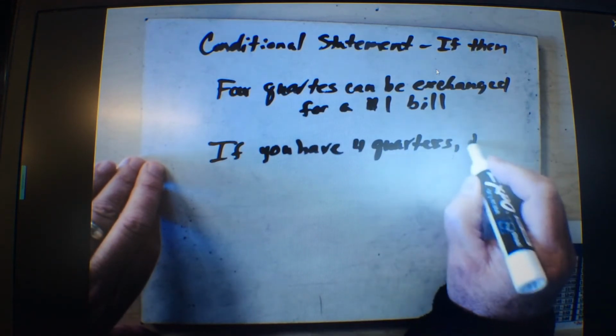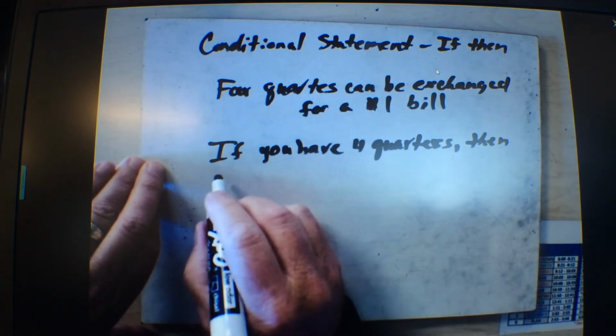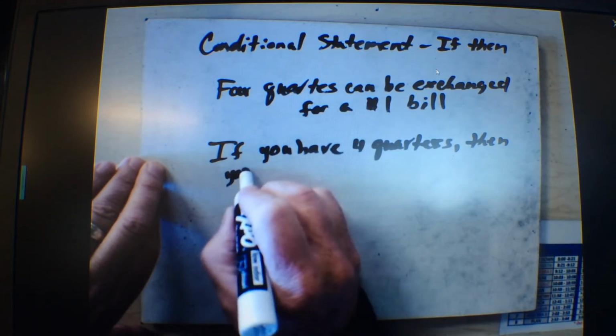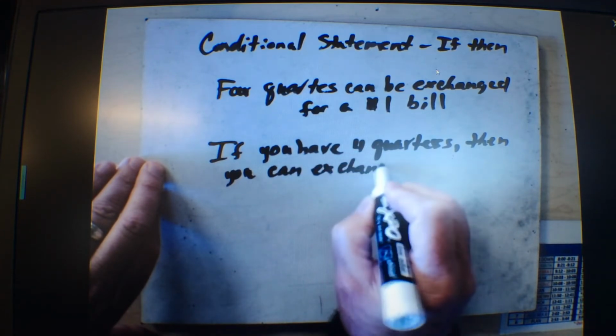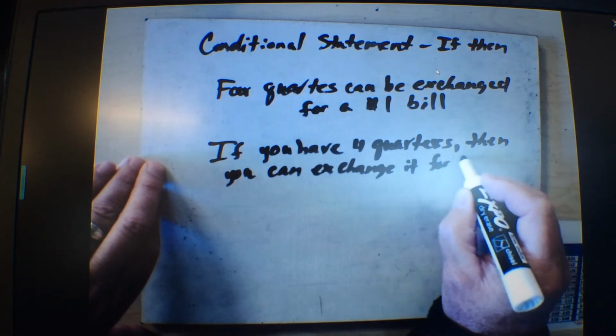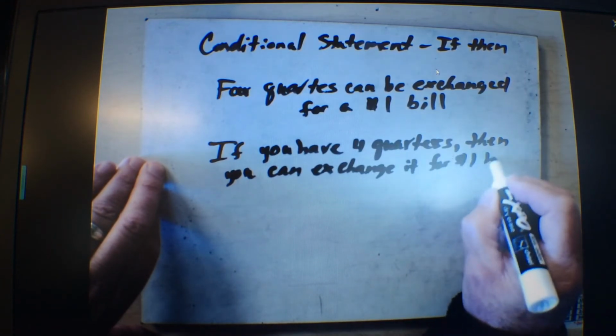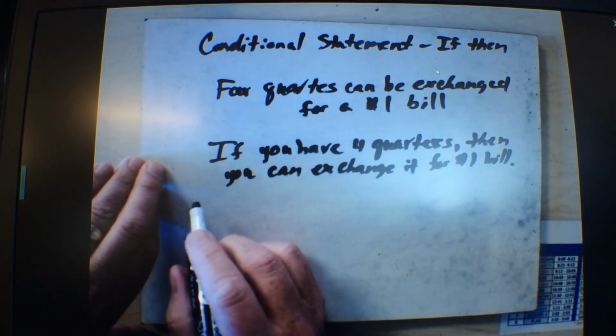If you have 4 quarters, then you can exchange it for a $1 bill, right? So what is the hypothesis, Kagan?